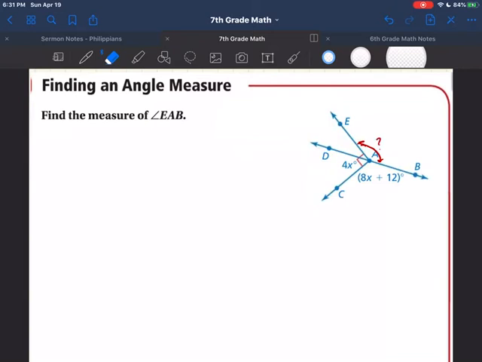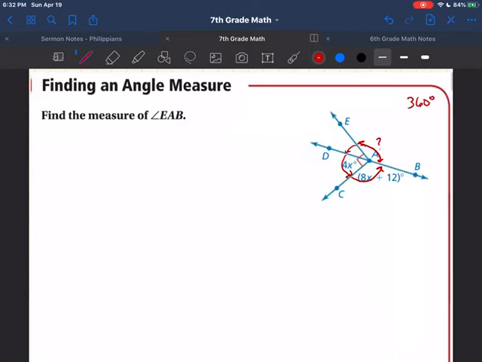Nothing is an opposite angle to that. In fact, if I find this out, that doesn't necessarily help me. Oh, but the one thing I also know is that this whole thing is 360, right?